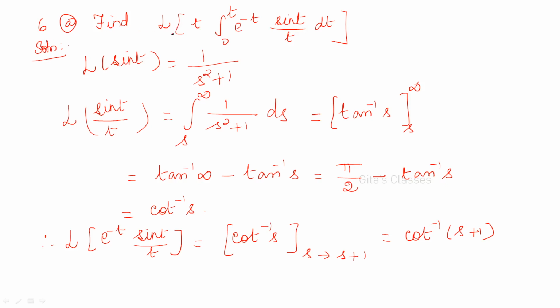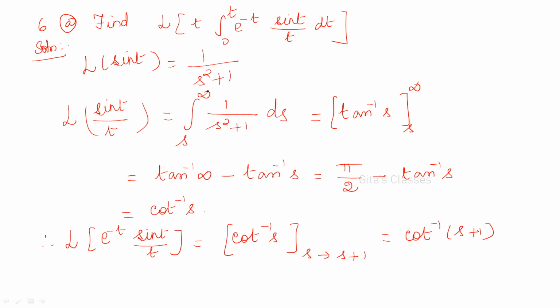Next is a different problem. You have all the combinations here. So innermost, find out, you replace all these things without t, without integral, without e power minus t, and divided by t. So you find out the innermost, L of sine t. Okay. So L of sine t is 1 by s squared plus 1.